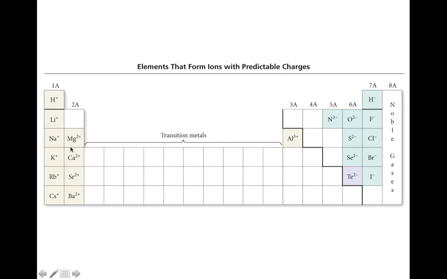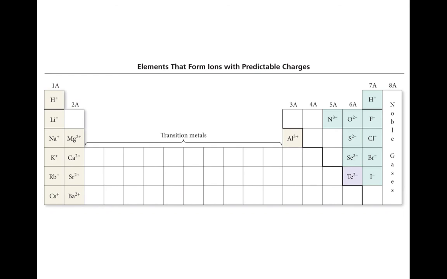Now aluminum has a tendency to lose 3, because it's a main group metal, so it's going to lose electrons and end up like magnesium, sodium, neon, which is right here. So that has a predictable charge of +3. Notice these all have a predictable charge of +1. These all have a predictable charge of +2, besides beryllium. Can you see that?